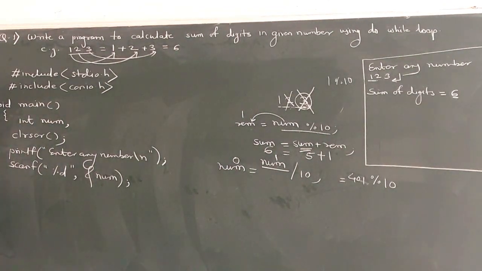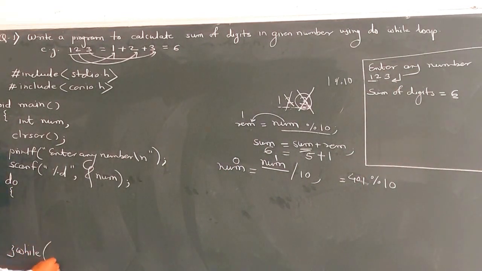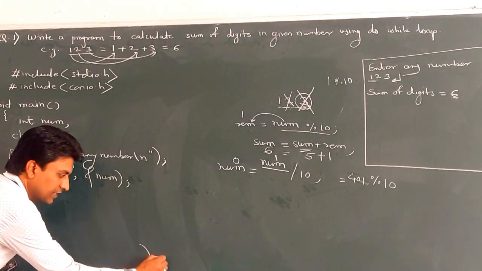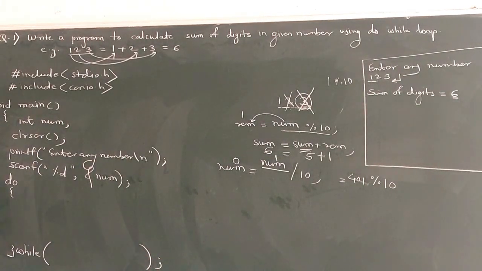So first, which loop will we use here? Do while. First write the syntax: do, then curly brackets, then while, then the condition part and a semicolon. Clear? After that, write the body of the do while loop.